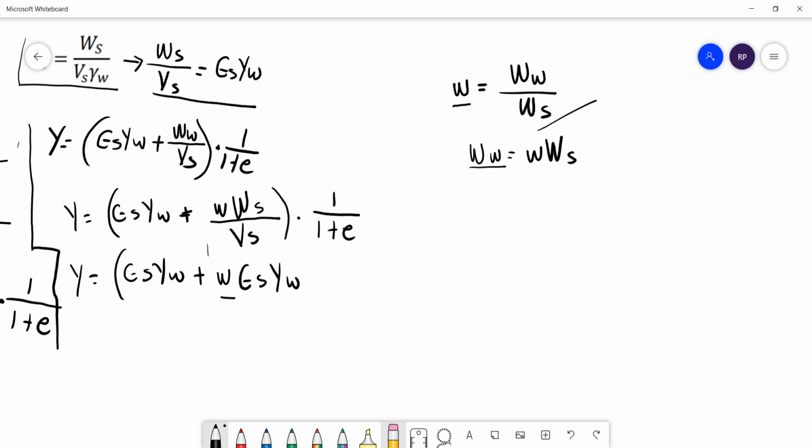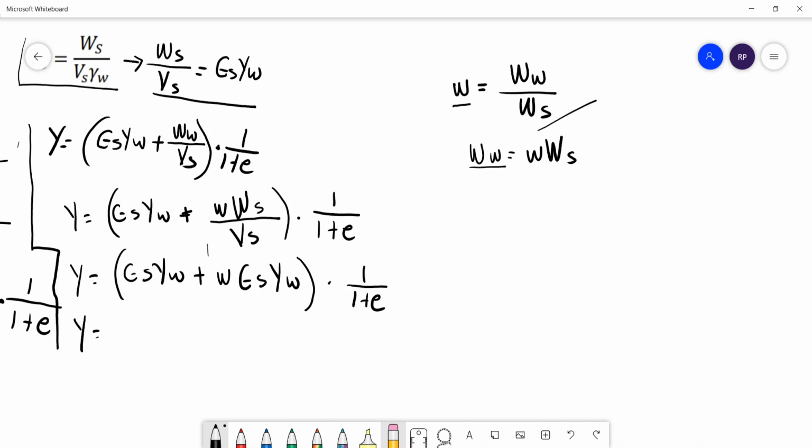GSYW all over, wala na pala to. Okay. So that is multiplied by 1 all over 1 plus E. So simplify natin or finalize na natin to. Okay.